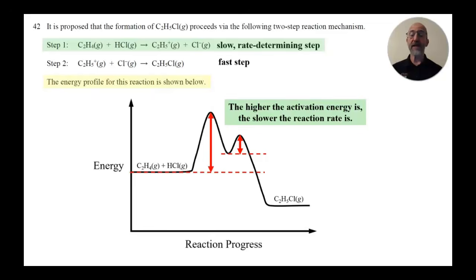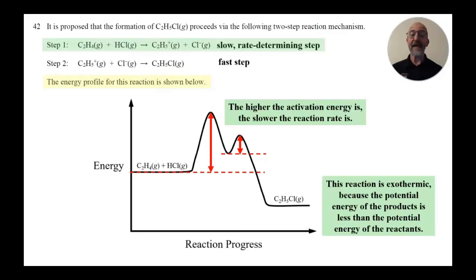Now, one more thing to consider, the overall reaction is either classified as endothermic or exothermic. Let's compare the energy of the reactants with the energy of the products, and then we can decide if this is endothermic or exothermic. So this overall reaction is exothermic because the potential energy of the products is less than the potential energy of the reactants, so that means that energy is released for this overall reaction.